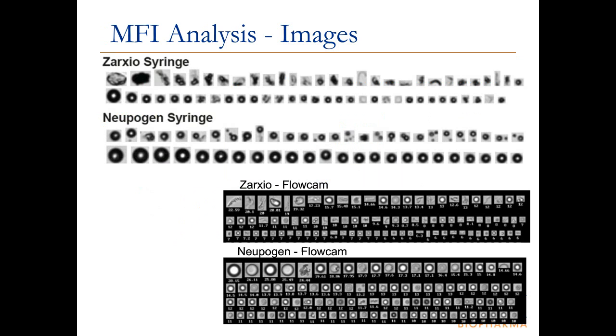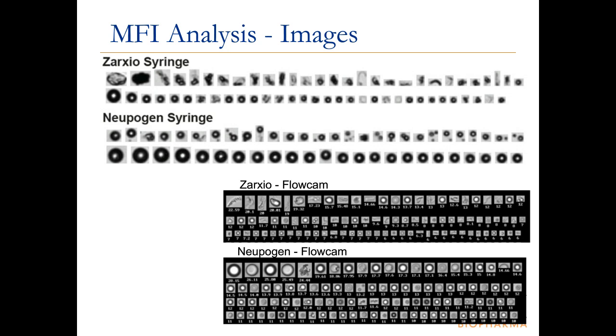So with MFI, the nice thing, which makes it a very useful tool compared to light obscuration, is that we actually get images when we characterize products. And here you can clearly see silicon oil versus non-silicon oil by the images, silicon oil being those dark, very circular particles with a little bright spot in the middle.